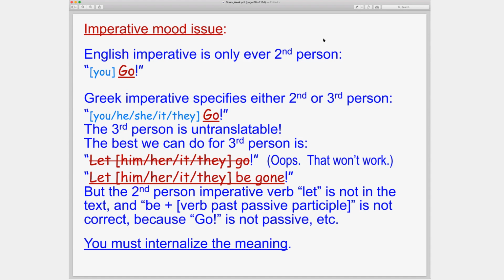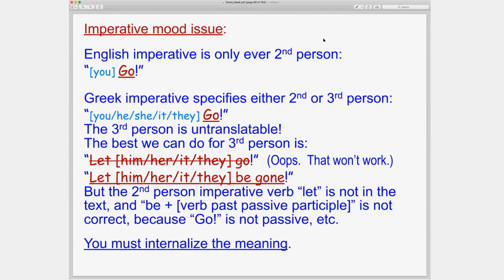However, in Greek, you can express it as the second or the third person. So if it's in the third person, it could be he, she, it, they, go. I'll give an example of this a little bit later.